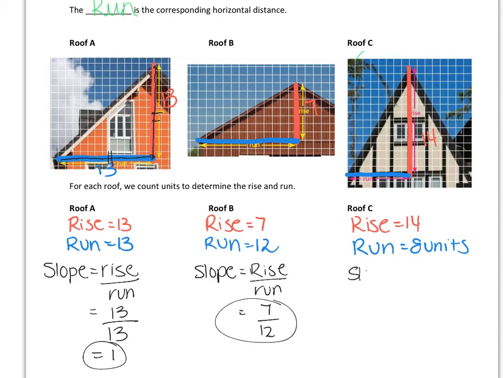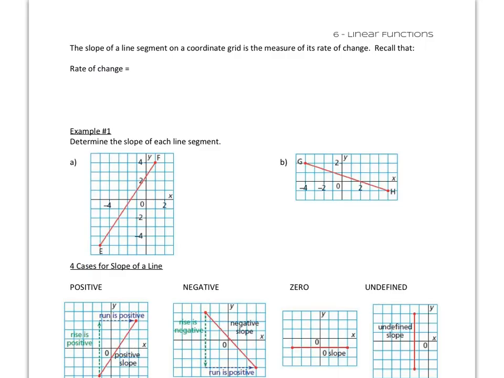So last one, slope is rise over run. So 14 over 8. We can simplify that down to 7 over 4. And because it would lead to a decimal value, I'm just going to leave it as a fraction. So the slope of a line segment on a coordinate grid is the measure of its rate of change.